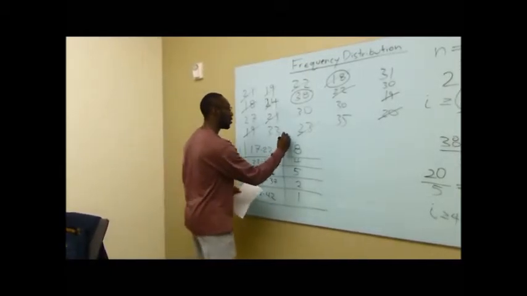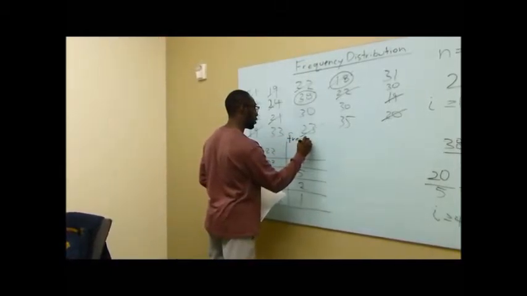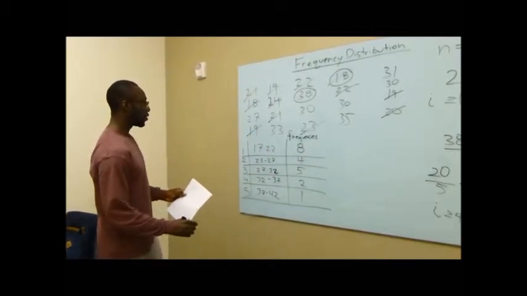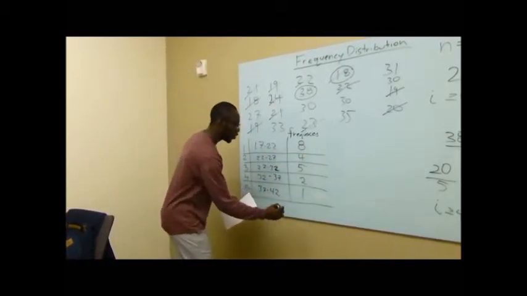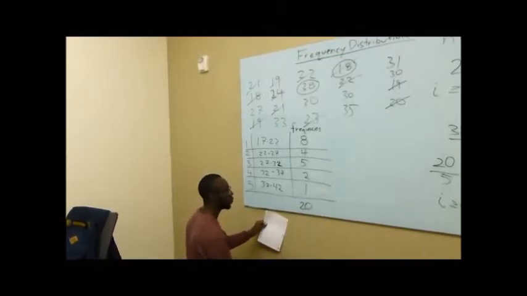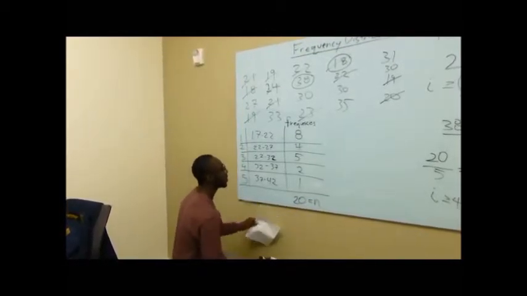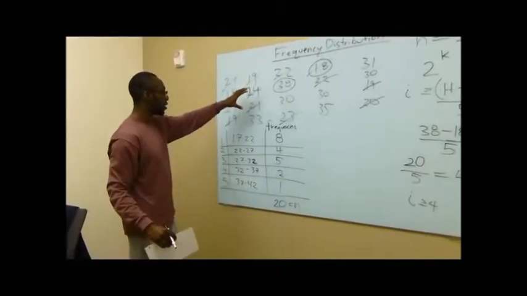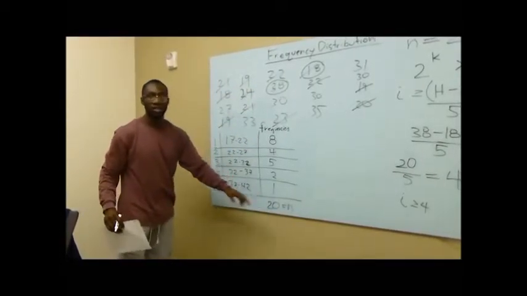Now we have the frequencies right here. And notice how the frequencies total up to be 20, which also equals our n. Because however many times these numbers in this interval appear here, for each class should add up to 20.